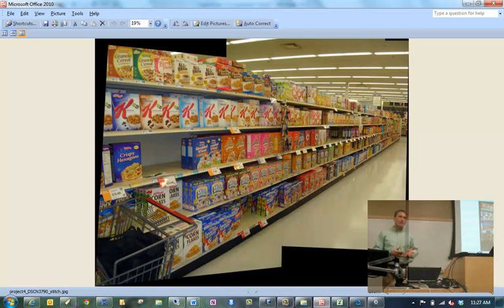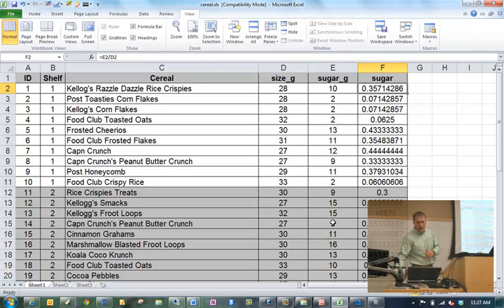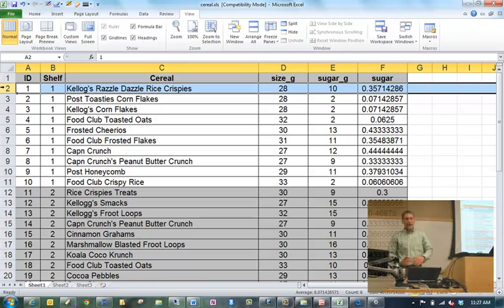So what I did a few years ago, not at this Hy-Vee, I took a stratified random sample of cereals at a particular grocery store, where I took a sample size of 10 within each shelf, so stratified by shelf. My first item was Kellogg's Razzle Dazzle Rice Krispies.